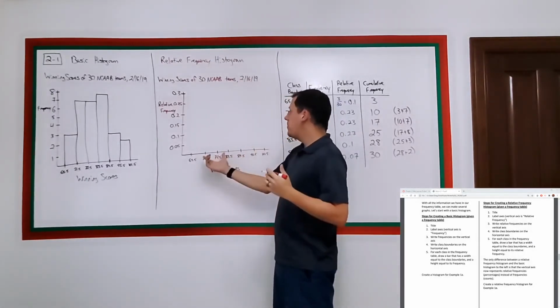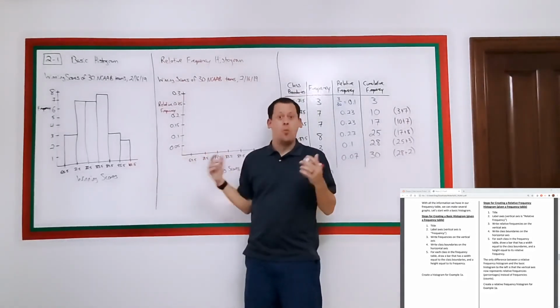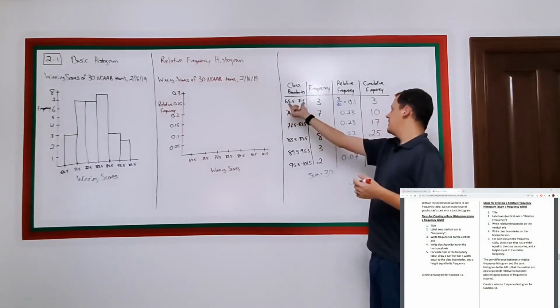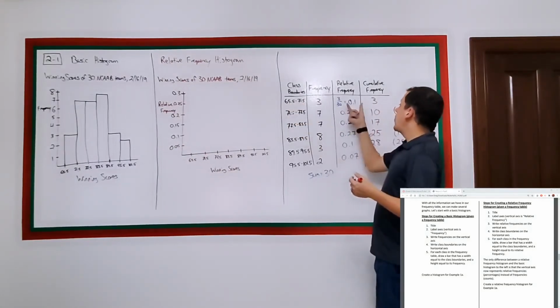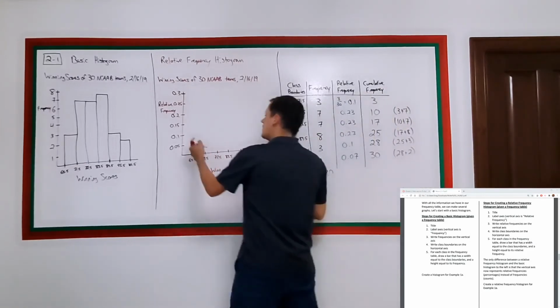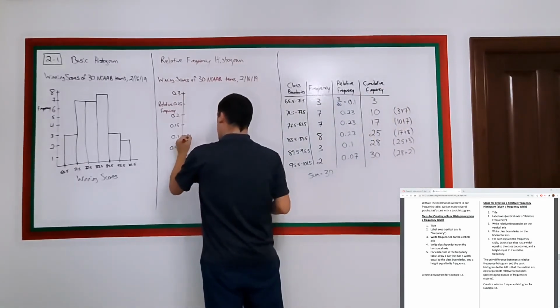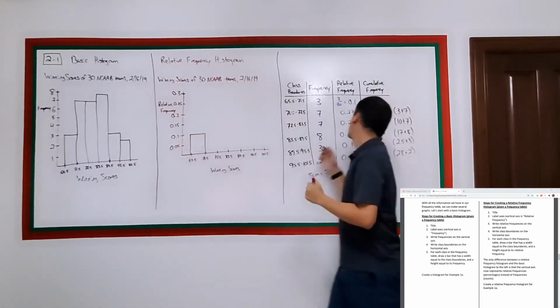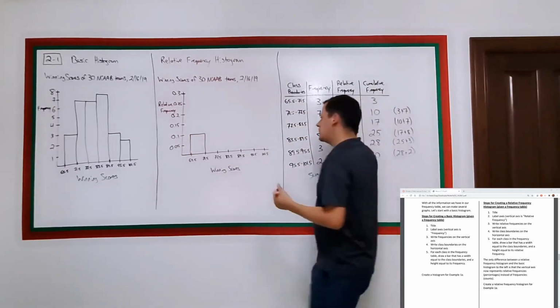So, putting the bars in, very similar to what we did here. We go one class at a time. Our first class is still 65.5 to 71.5, but our bar is going to go up to the relative frequency of 0.1. So, I'll go to here. That's our first bar. The second one will go up to 0.23.